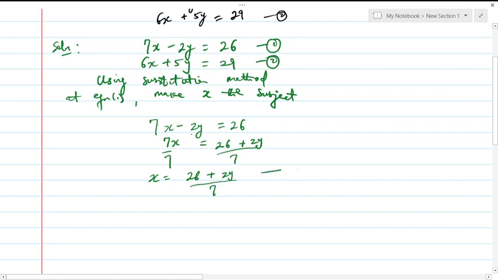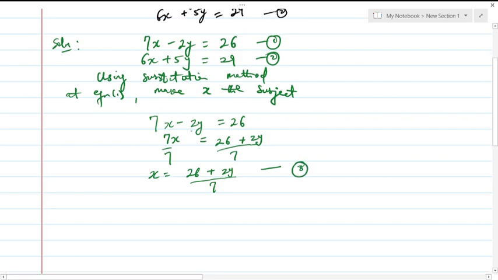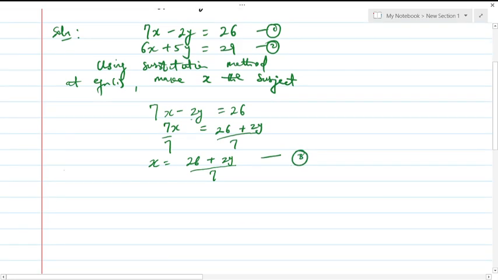Let's make this equation 3. Now we have to put this x equals 26 plus 2y over 7 in equation 2. Don't make the mistake of putting it in equation 1, because it came from equation 1, so you actually change to equation 3.